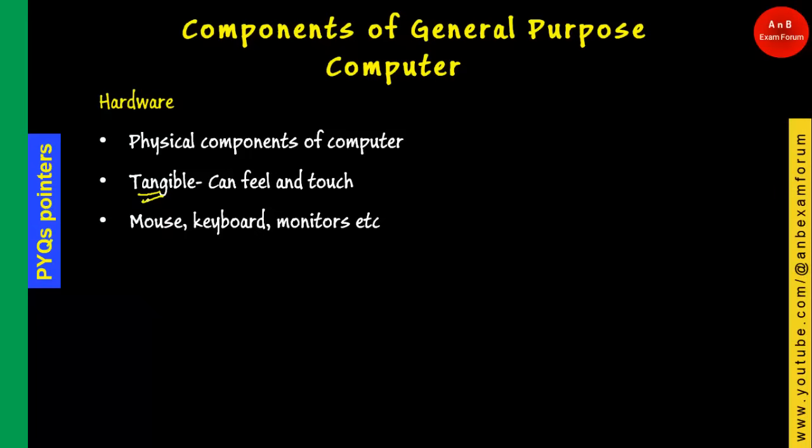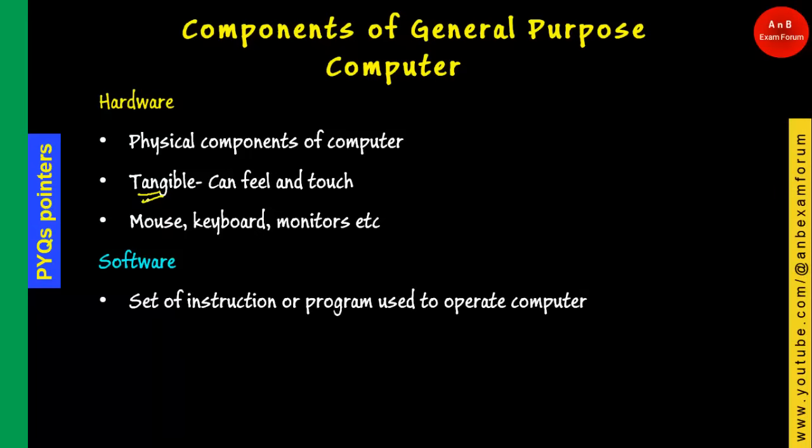The next component is the software, which is basically a set of instructions or programs used to operate the computer, and these are generally intangible, which cannot be felt. You can think of it like this: our body is hardware, we can touch it and feel it, but whatever is inside our mind we cannot touch, we can only feel.